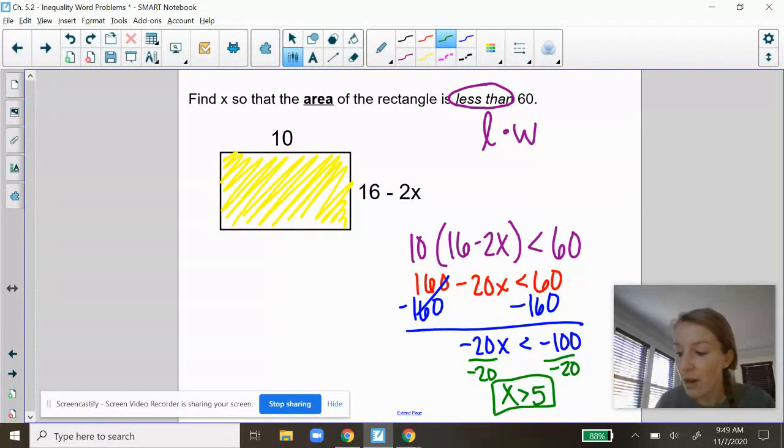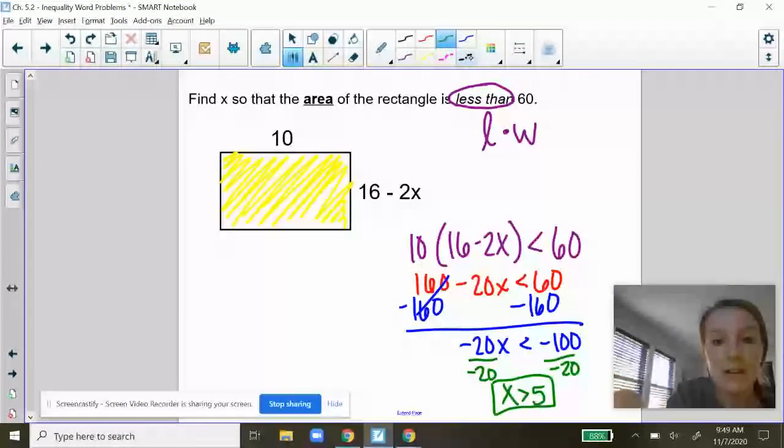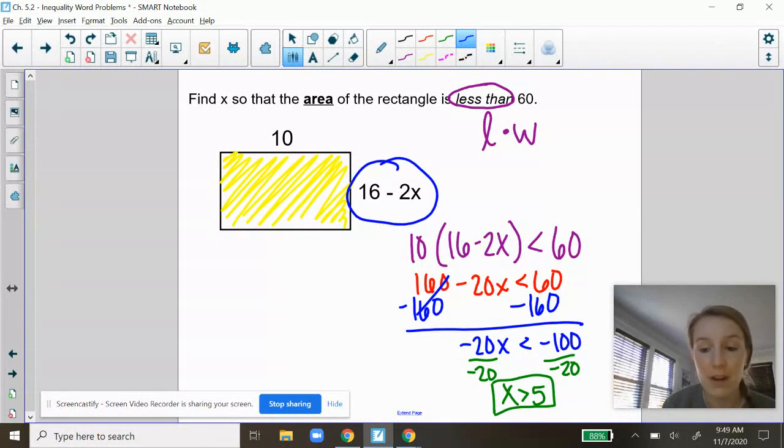On this, we also can think about our second statement here. We have to double check that this side is always going to be bigger than 0. So what we're going to do is take my x has to be greater than 5, and I'm going to double check that that value will always get me something that's positive.